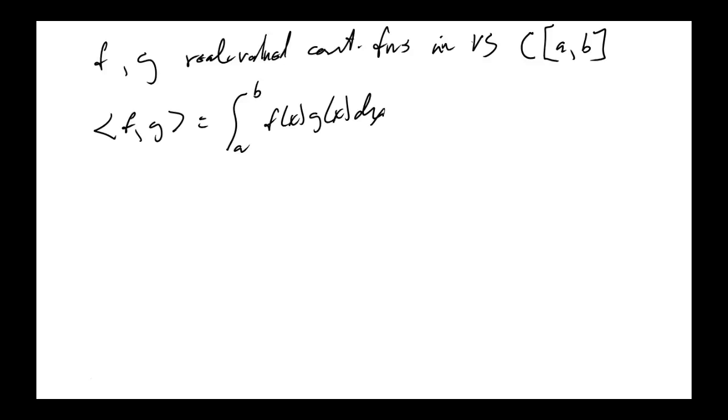And by the way, f and g are real valued continuous functions, so their values are real, they're not imaginary. So the second would be that the inner product of f, comma, g plus h would be what?